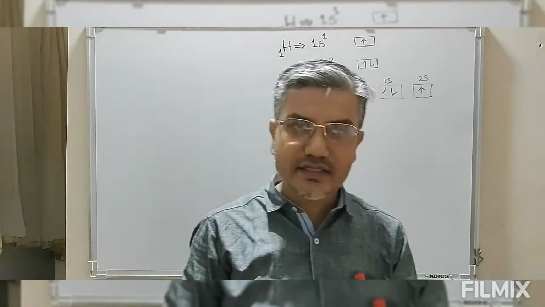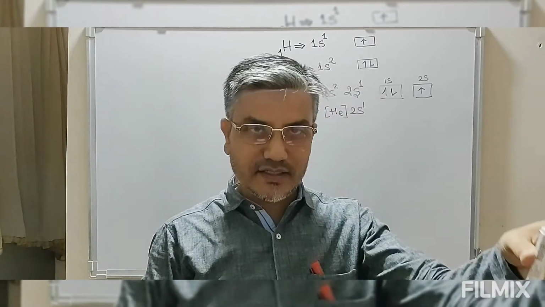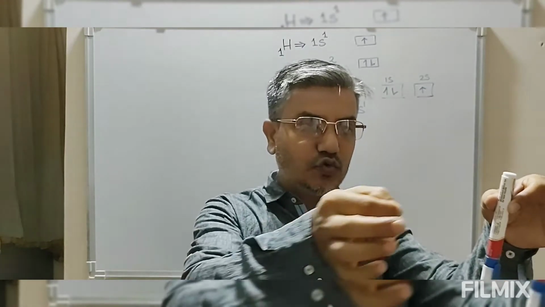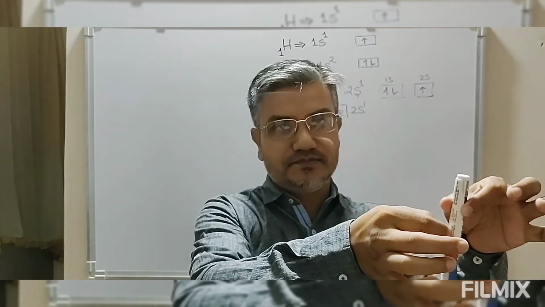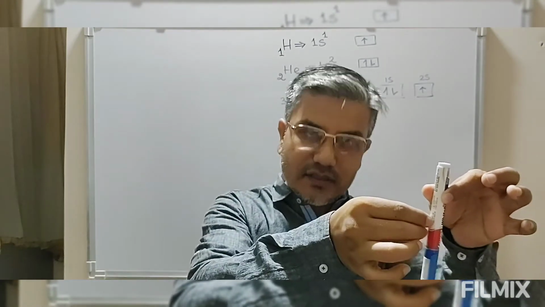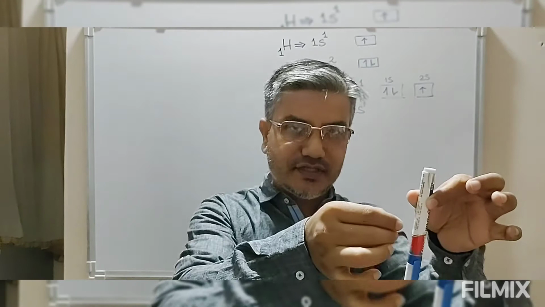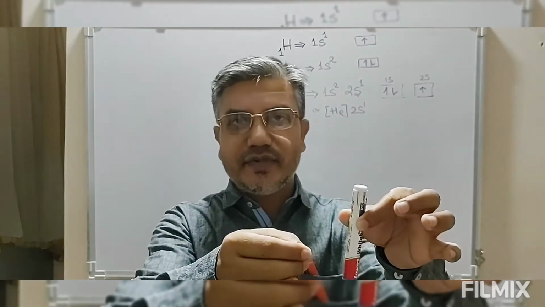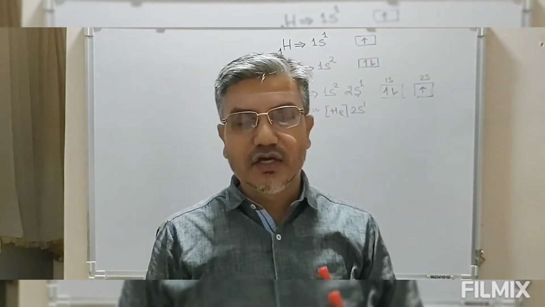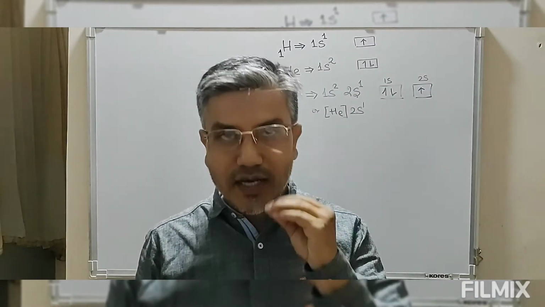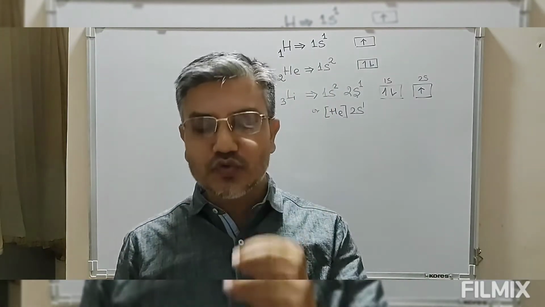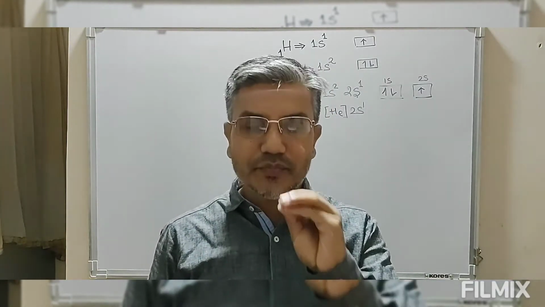Paramagnetism means, suppose I place a magnet here and we place a substance here, and the substance is attracted towards the magnet. Substances which, when placed in an external magnetic field, are attracted towards it are known as paramagnetic, and the paramagnetism is due to the presence of unpaired electrons.